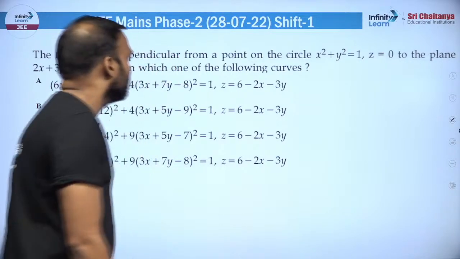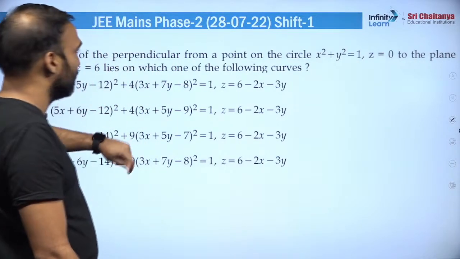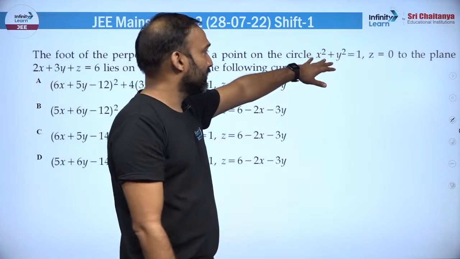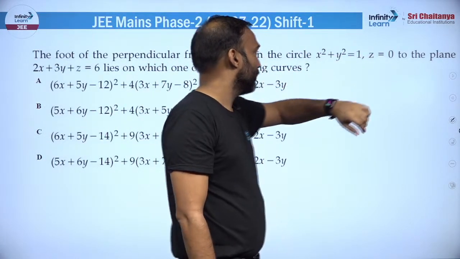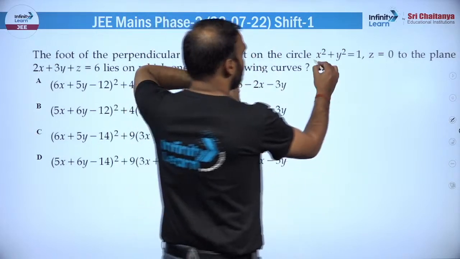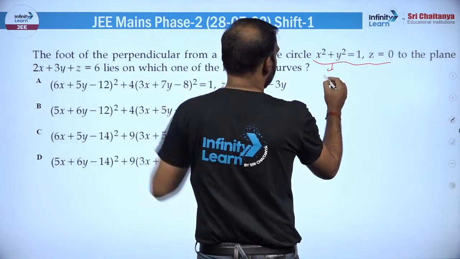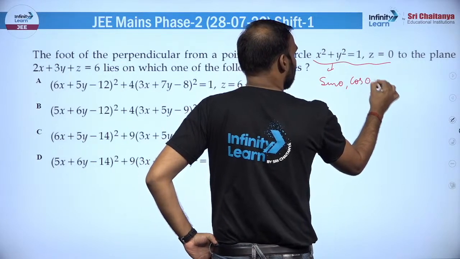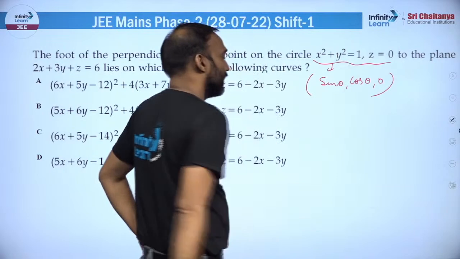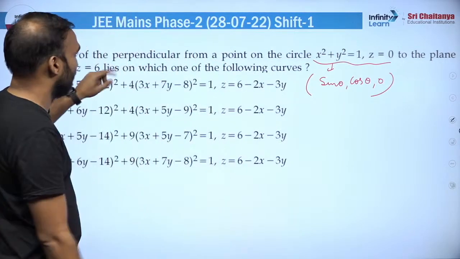The next question is an interesting question, right? It has merged 2D into 3D. This was a circle in 2D: x square plus y square is equal to 1 and z equal to 0. So basically any point on this circle has coordinates (sine theta, cos theta, 0), right? And this is a plane.